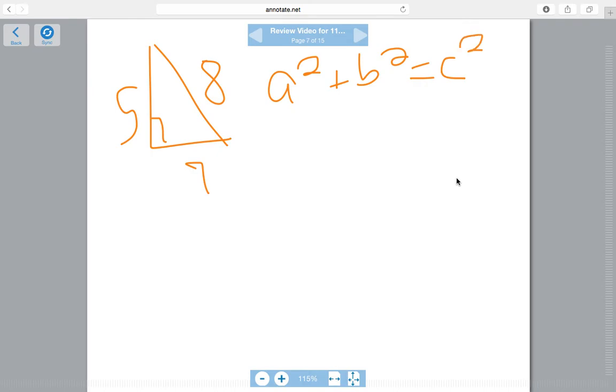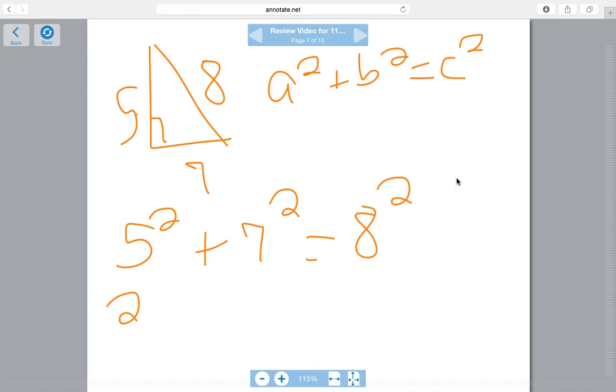So a squared we'll say is 5 squared plus 7 squared equals 8 squared. So we have 25 plus 49, and we're trying to figure out if that equals 64.